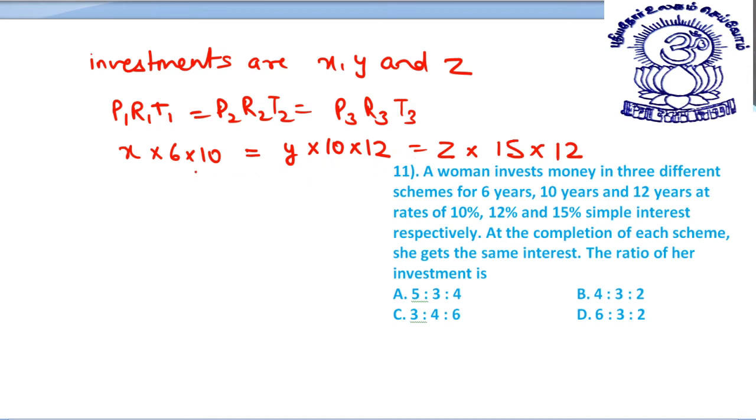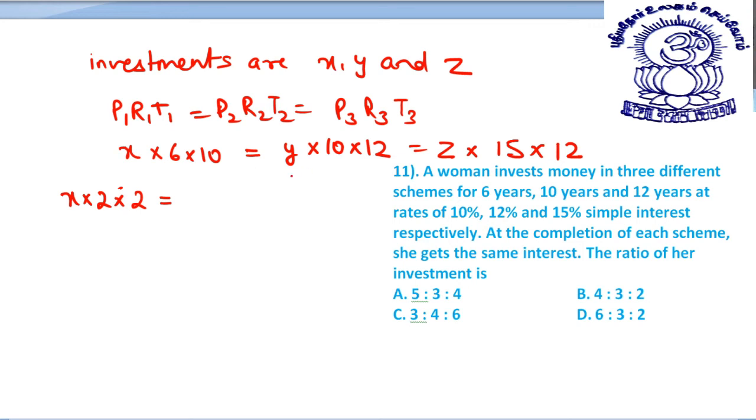Now, what you need to do is you can directly take something common, 15 common. If I take 5 and 3 common, so this becomes X. If you take 3 common from here, you get 2. If you take 5 common from here, you get 2.